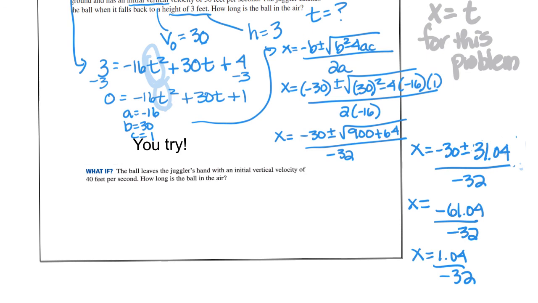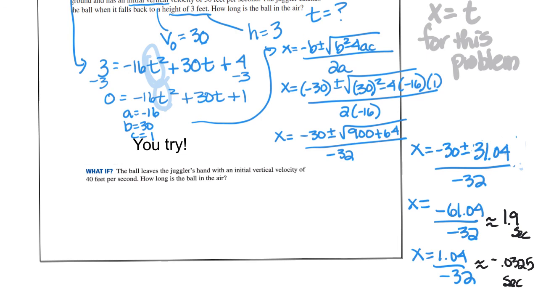So I've got 61.04, a negative divided by a negative is going to tell me that that number here is about 1.9 seconds. And if I do the other one, this is going to give me negative 0.0325 seconds.